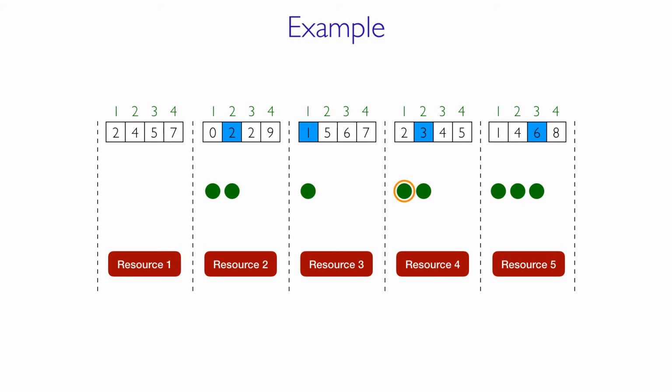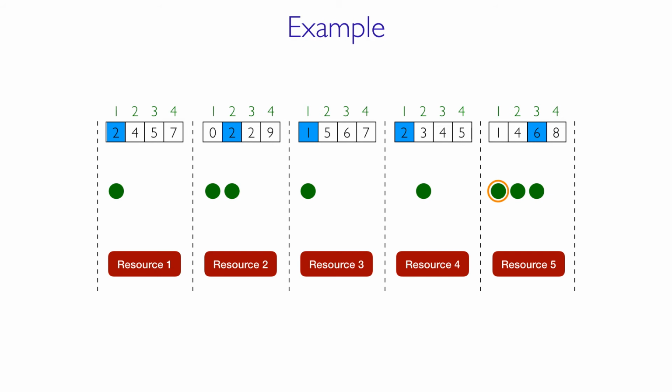Consider this player. The cost she perceives is 3. The best response of this player is resource 1, requiring a cost of 2. Here the switch. Consider this player. The cost now is 2. The player cannot strictly reduce the cost. Consider this player. The cost is 6.